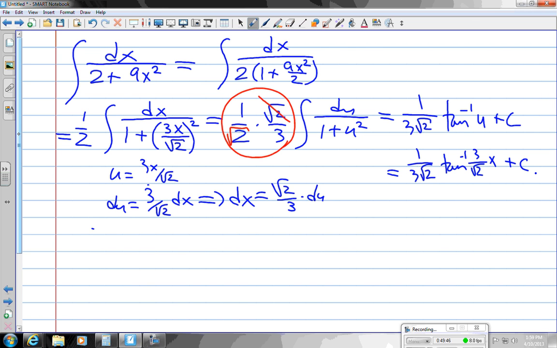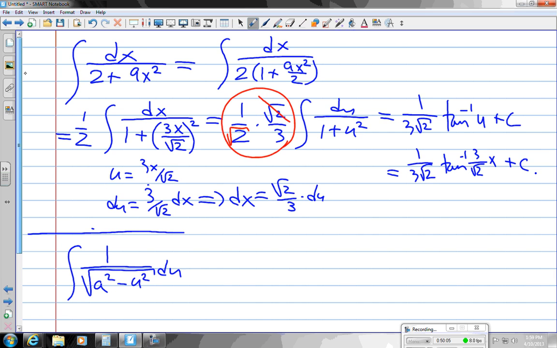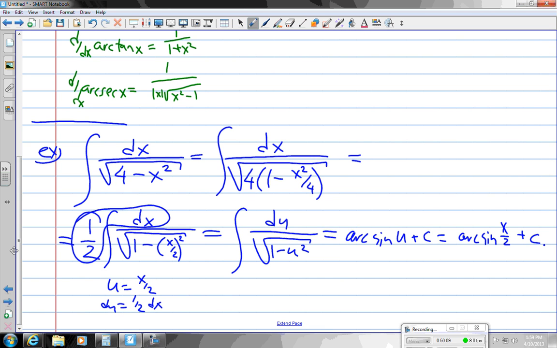Now, does that make sense? How we did that? Your book has these rules, the general rules, that the integral of 1 over the square root of a squared minus u squared du. So this is kind of what we had in this first example.